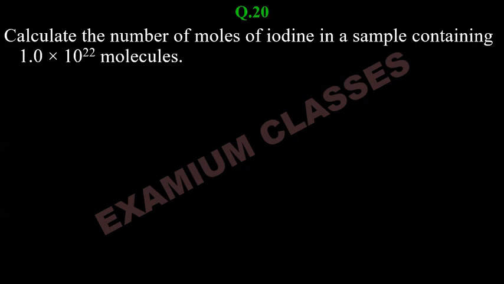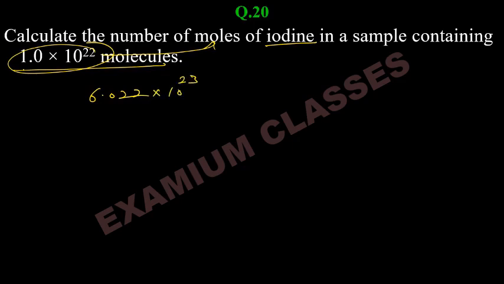Now, before I proceed with the next question, we have around 7 minutes. So after this question, I'll just explain the question I asked in the previous class. Calculate the number of moles of iodine in a sample containing these many molecules. So it is just conversion from molecules to moles. So you will say 6.022 into 10 power 23 molecules represent 1 mole.